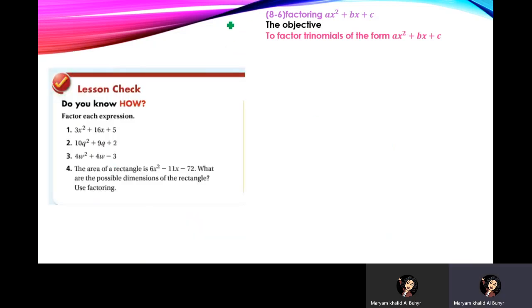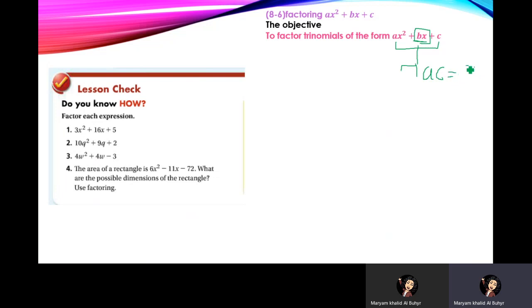Now, like that, I finished all this lesson. So the basic idea is very easy. You are going to just multiply A and C, then the value that you have here, you need to factor it according to the AC.